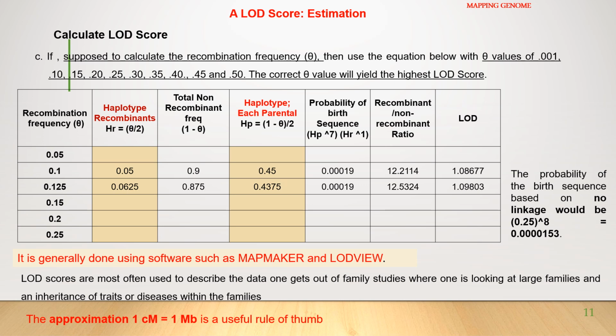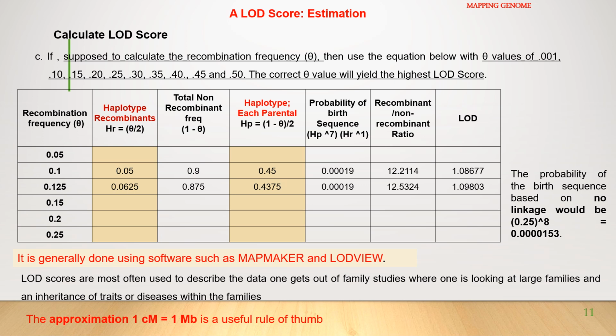In this, I have put the values that we got when we considered the recombination frequency at 0.1 and 0.125 in a table form, where the LOD score for 0.1 was calculated to be 1.08677 and for 0.125 to be 1.09803.